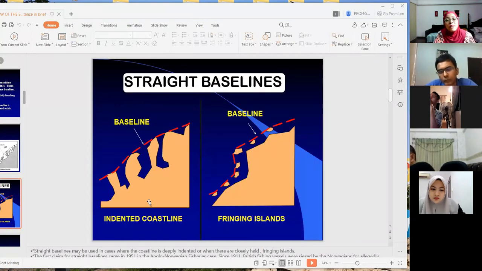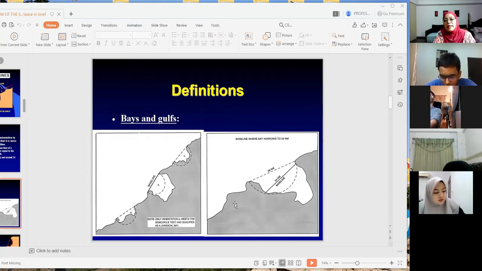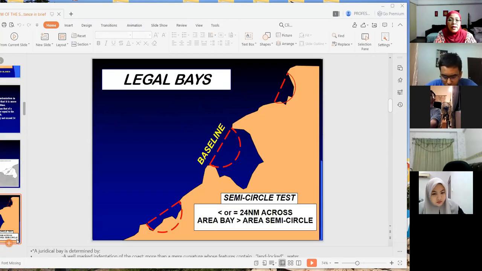Okay, in baseline alone, they are taking into consideration 5 different aspects of measurement. When it comes to a bay that is so big, there are some rules there.